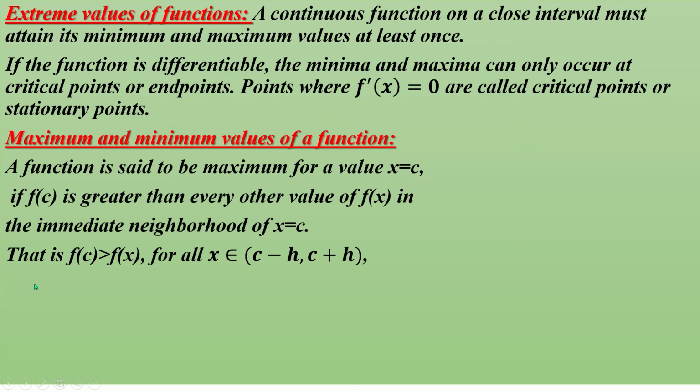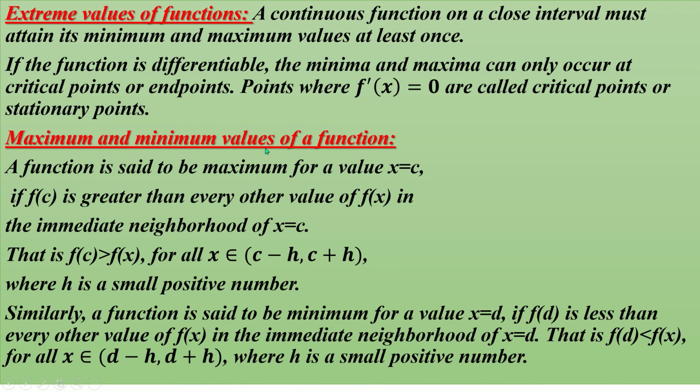Clear? So f of c is greater than f of x. When you put x equal to c minus h or c plus h, we get f of c greater, where h is a small positive number.